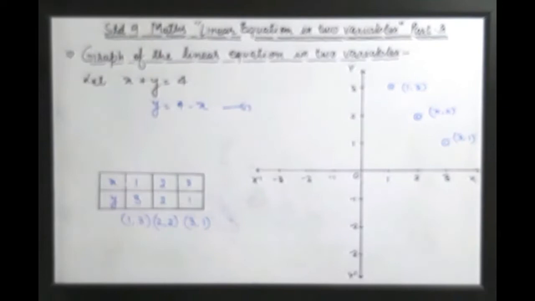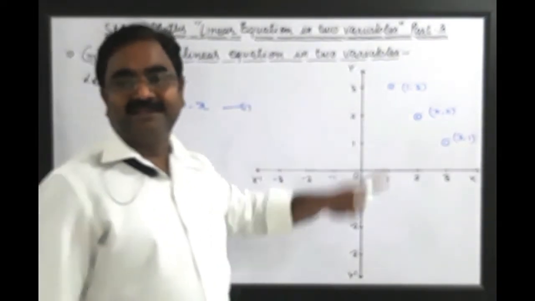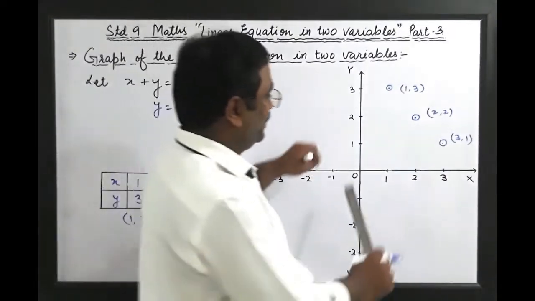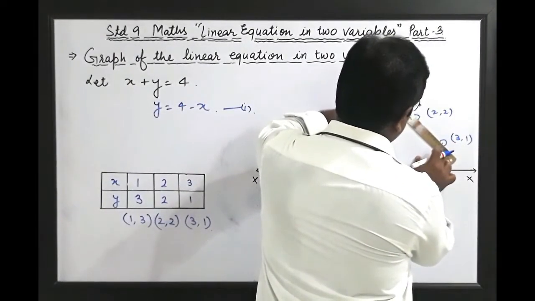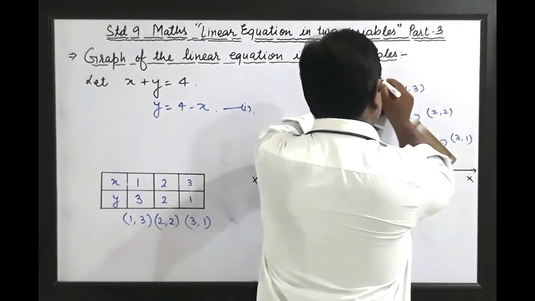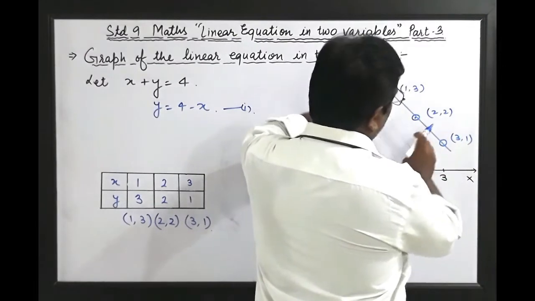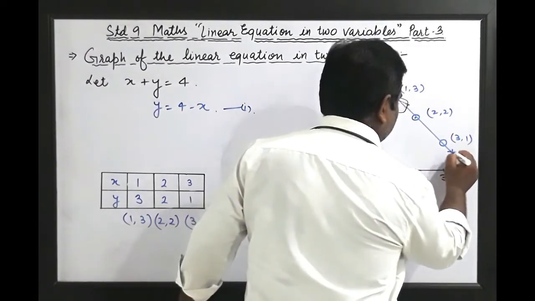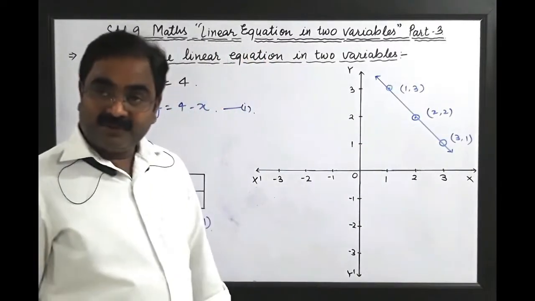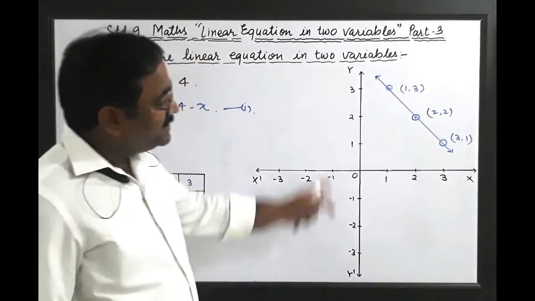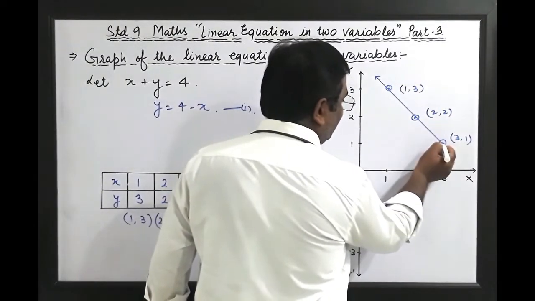Now children, we will join two points with the help of a scale. As you join 2 points, you will see that the third point automatically lies on this line. Why does this third point lie on this line automatically?